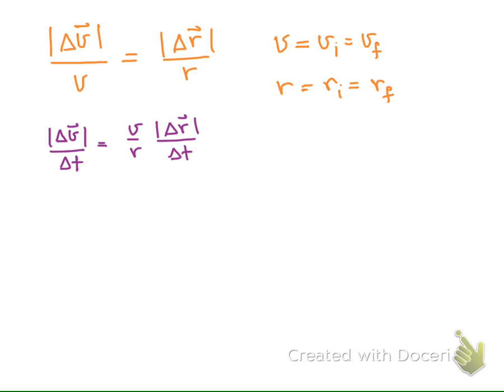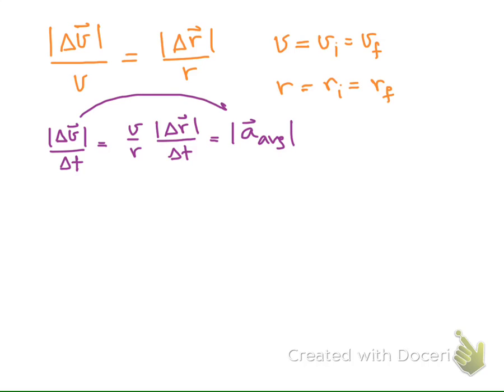But if you look at this term, the magnitude of delta V over delta t is equal to the magnitude of the average acceleration, right?